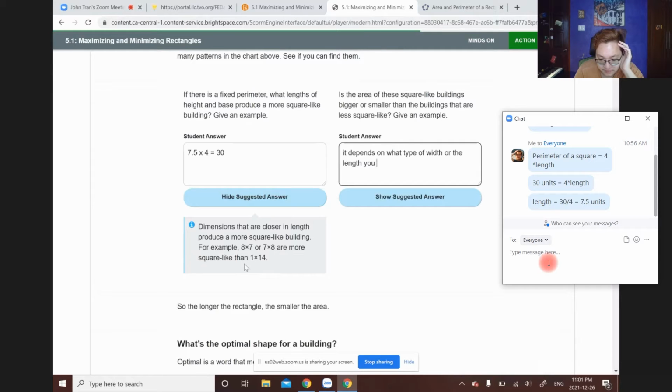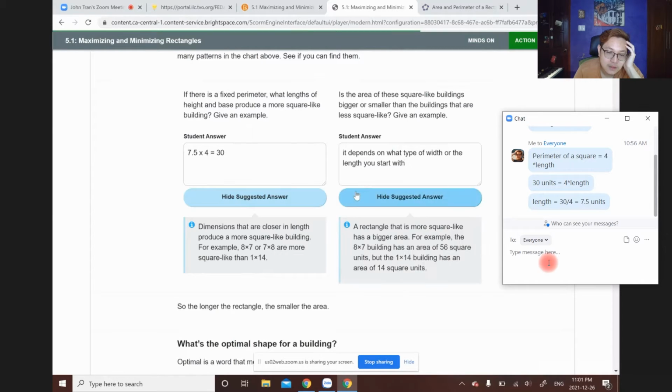So basically, for the last question they say maybe 8 times 7. 8 and 7 are very near. If the width and the length are very near to each other, it produces a more square-like building compared to, let's say, 6 by 9 or 5 by 11.